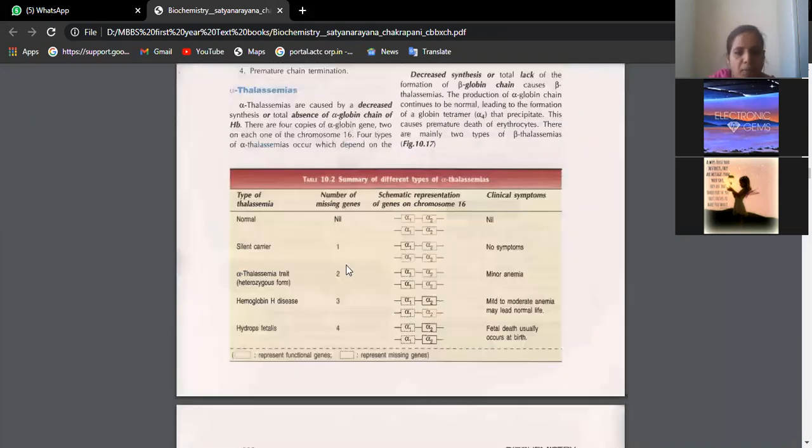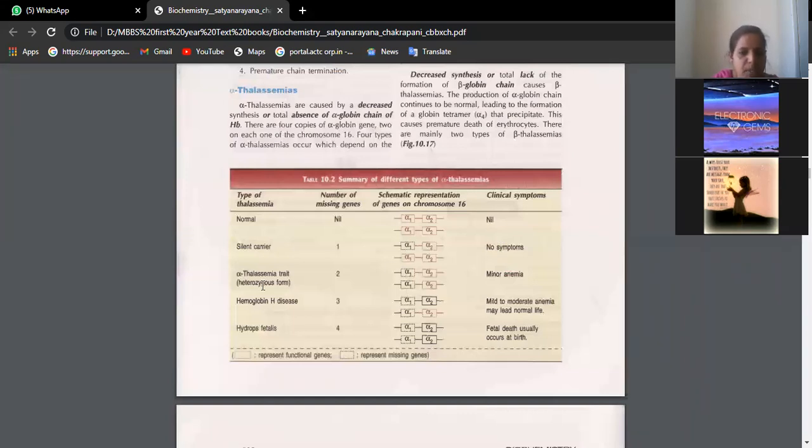If you remember, we have two types of thalassemias, alpha and beta thalassemias. Basically, in the structure of hemoglobin, we have two alpha chains and two beta chains. Alpha chains are represented by four genes. If all four genes are functioning normally, you call it a normal person. If one gene is missing, that is a silent carrier with no symptoms.